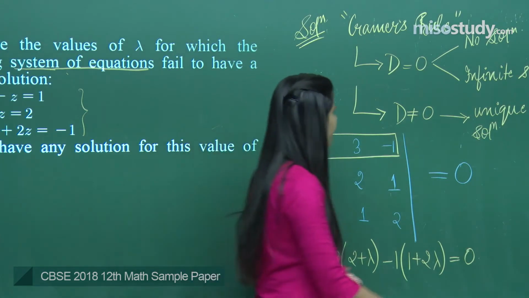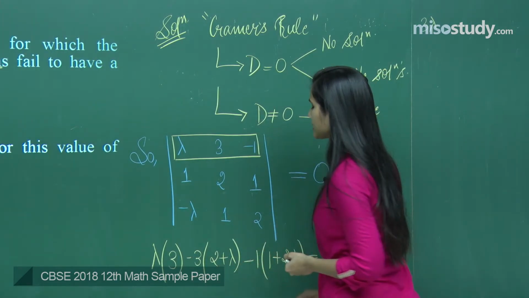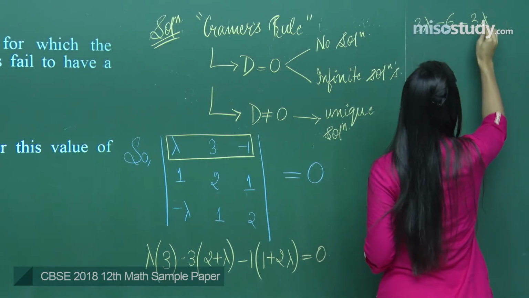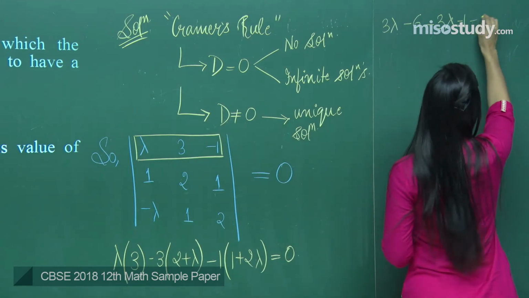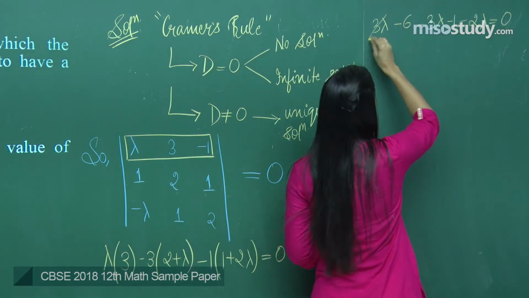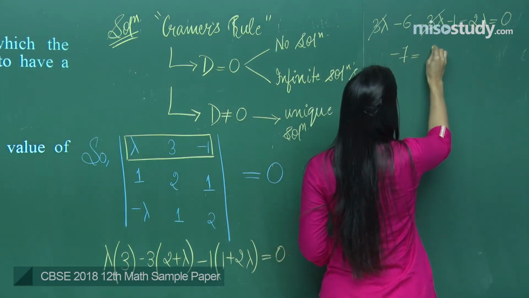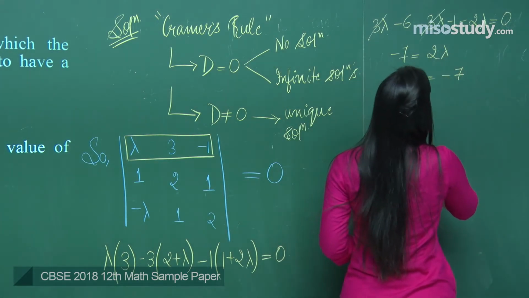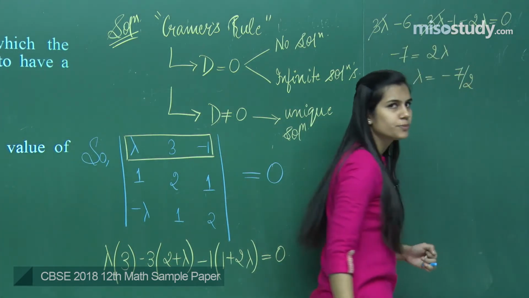Sort this out, you get 3 lambda, minus 6, minus 3 lambda, minus 1, minus 2 lambda equals 0. So 3 lambda minus 3 lambda cancel each other. You have minus 7 equals 2 lambda, so lambda equals minus 7 by 2.